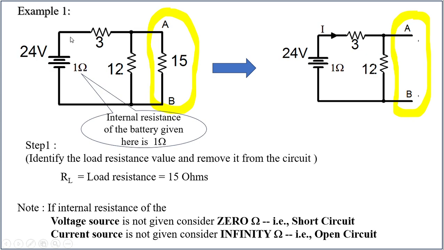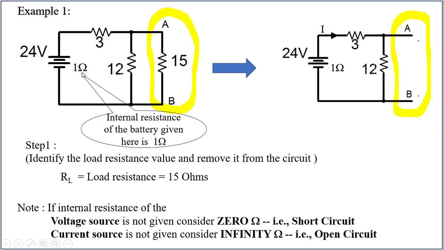If you observe this circuit carefully, it has a 3 ohm resistor, a 12 ohm resistor and a 15 ohm resistor. Here the 15 ohm resistor is considered as the load resistor, and this battery or voltage source has an internal resistance of 1 ohm.